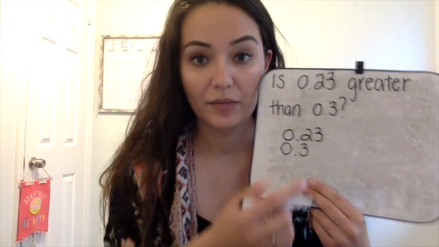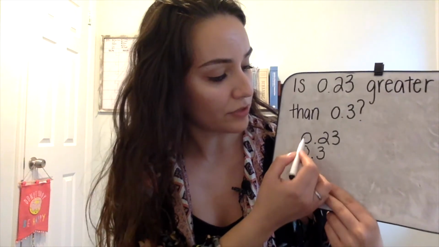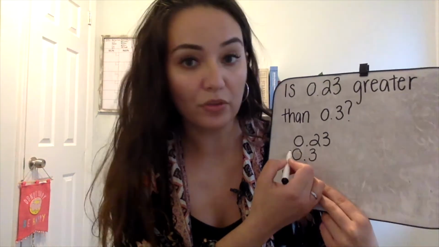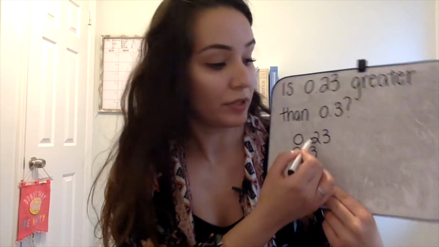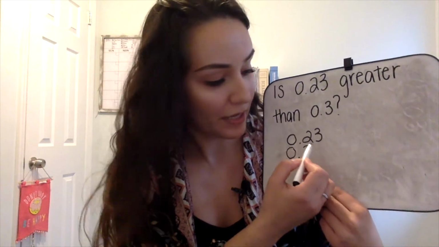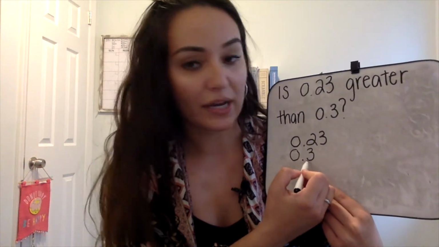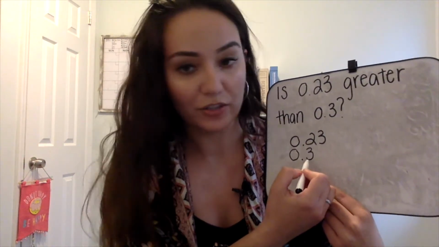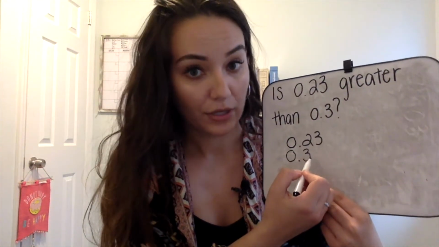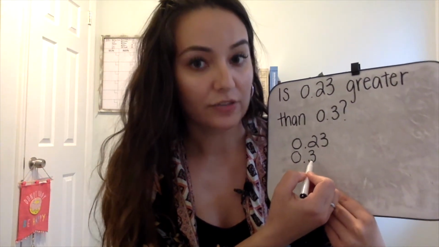Remember this? Place value by place value. So here's the whole number, which is 0. They both have zeros, so we need to move on to the next place value. Now, this place value has a 3. This place value has a 2. So which decimal is greater?